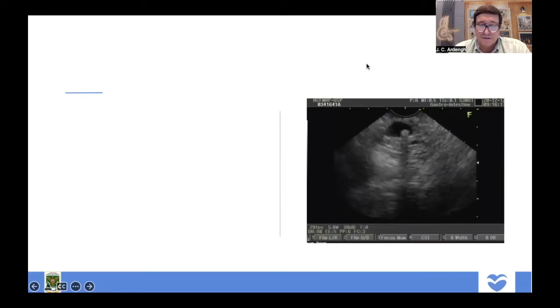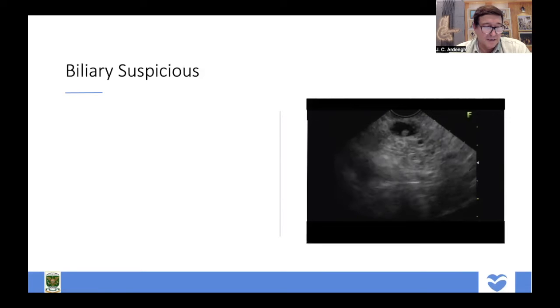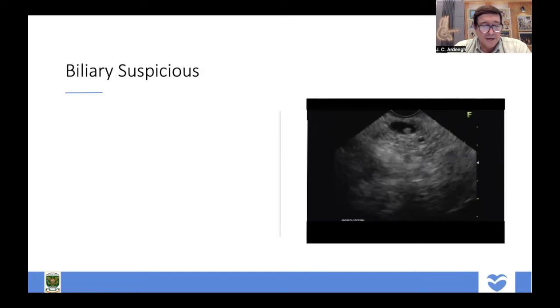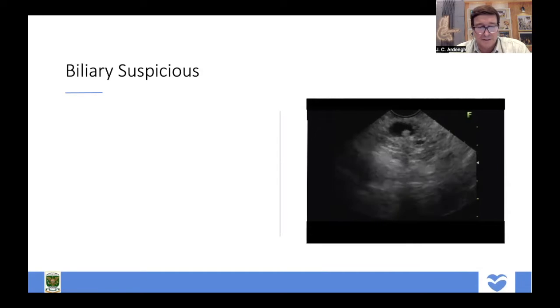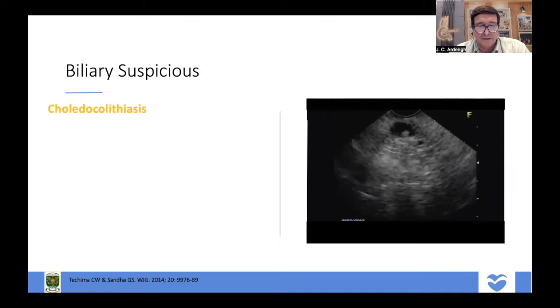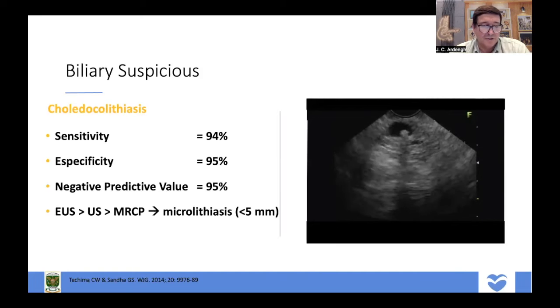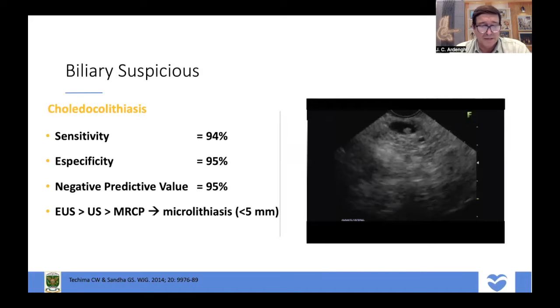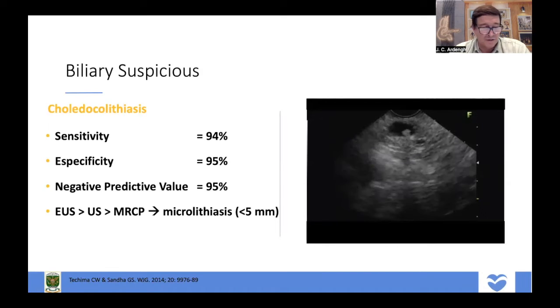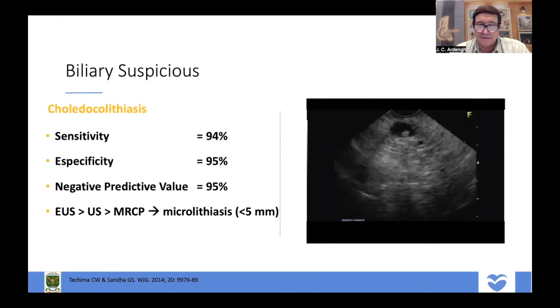In patients with suspected choledocholithiasis, EUS imaging has a sensitivity of 94%. These results show that EUS is better than MRCP and abdominal ultrasound for the diagnosis of microlithiasis.